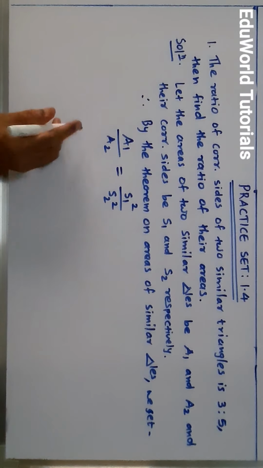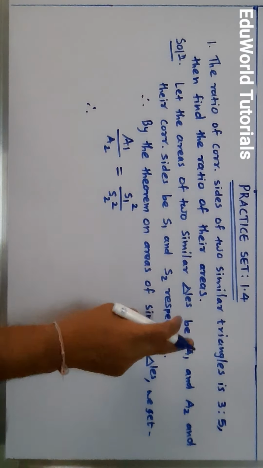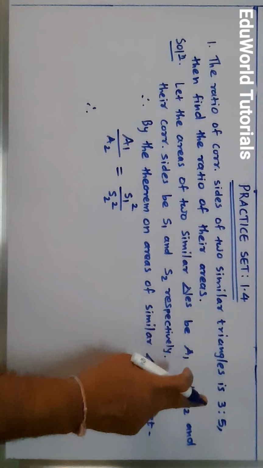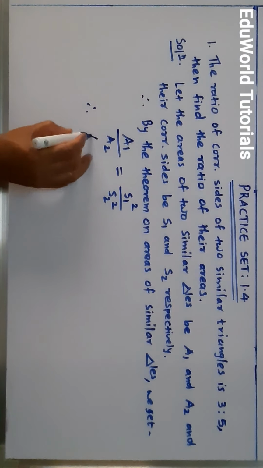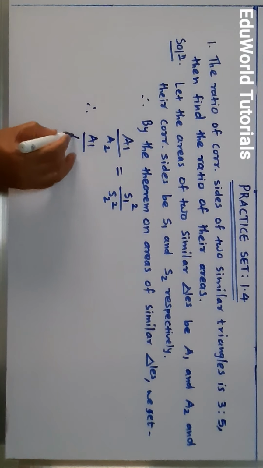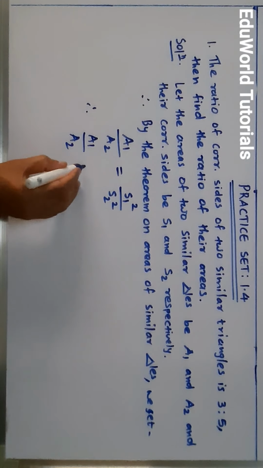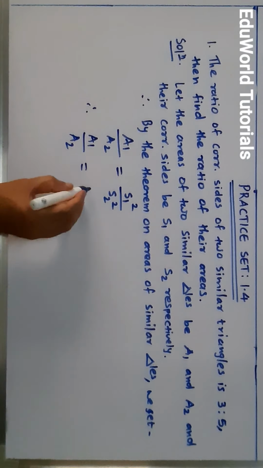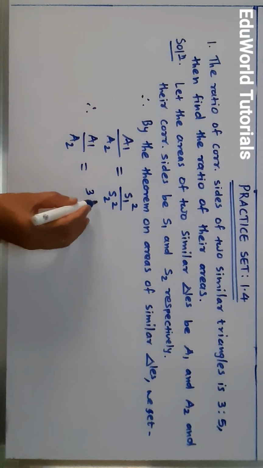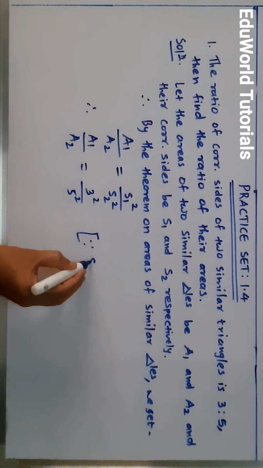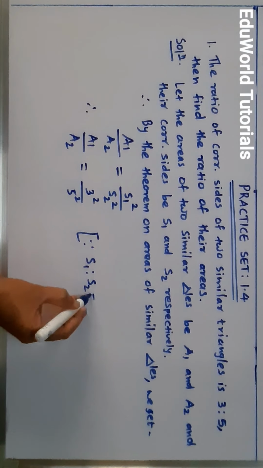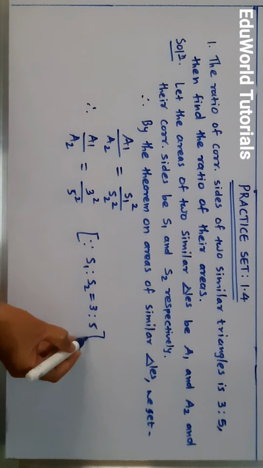And now we are given the ratio of corresponding sides, S1 is to S2. So we will get the ratio of the areas of the two triangles. A1 upon A2 is equal to 3 square upon 5 square, because S1 is to S2 is 3 is to 5. This is given.